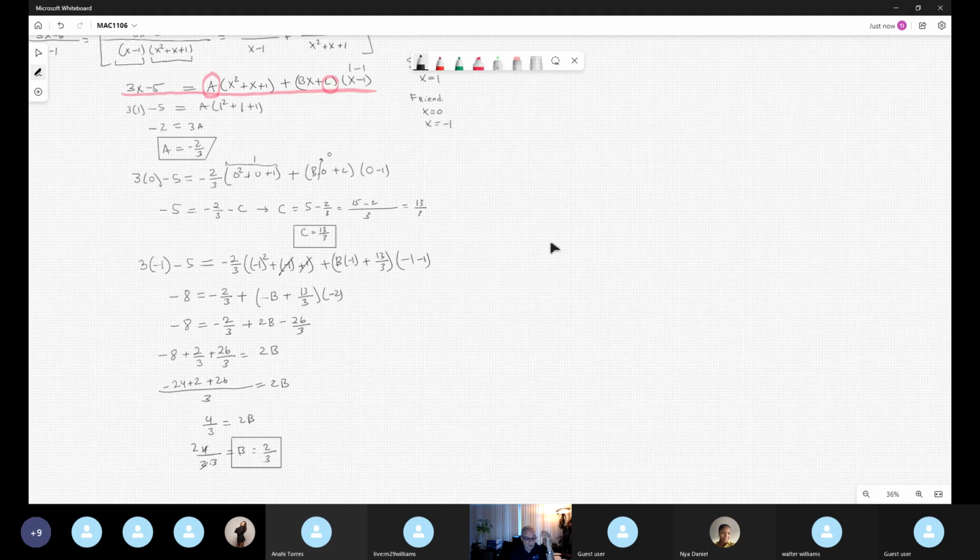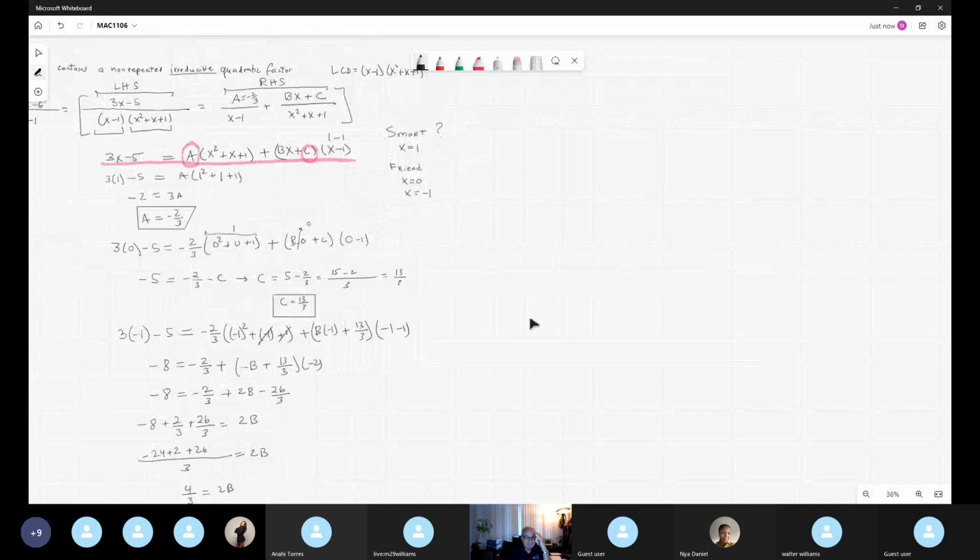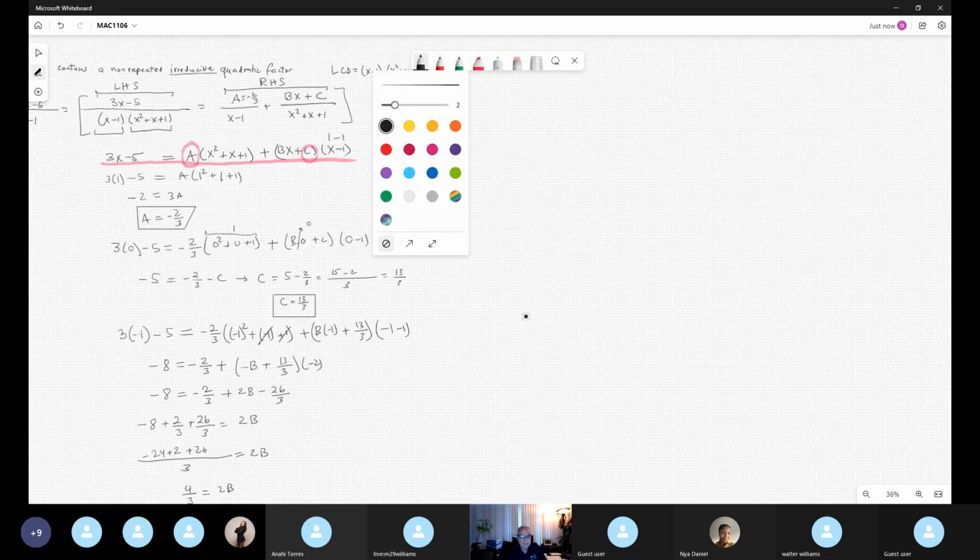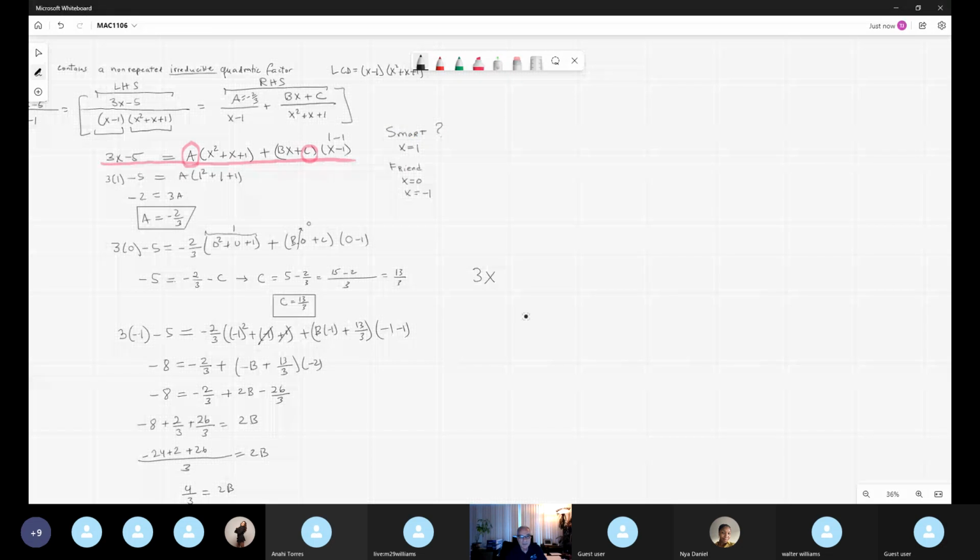Now let me write the final answer. The final answer is then 3x minus 5 divided by (x minus 1)(x squared plus x plus 1). I just copy that part. Is equal to minus 2/3 over x minus 1.